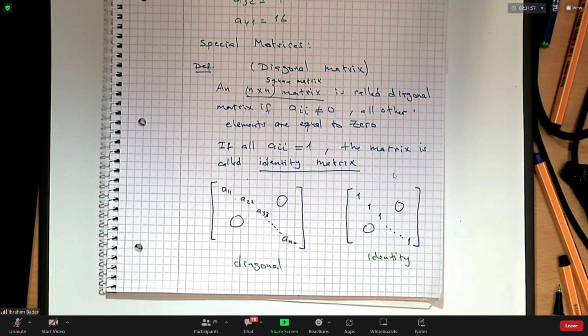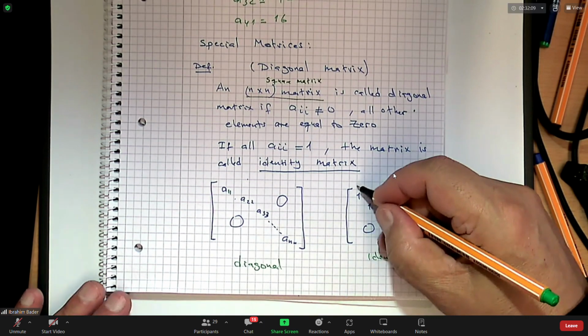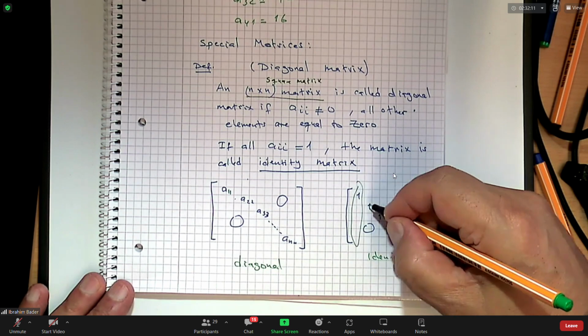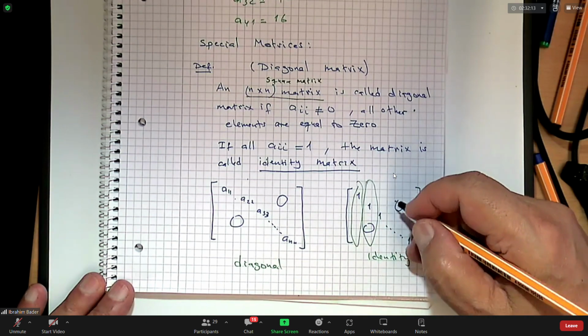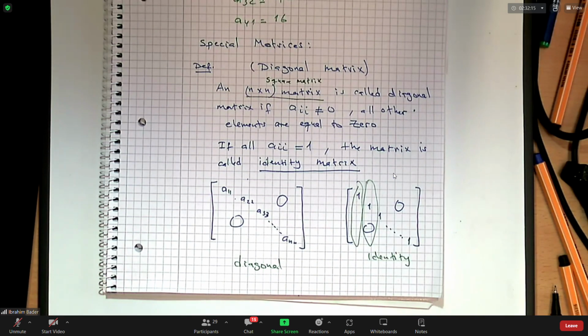And you remember when we talked about the generation vectors? When we talked about the generation vectors of a linear system, we have the vectors that we call the unit vectors: 0, 1, 0, 0, 0, 1, 0, and so on.